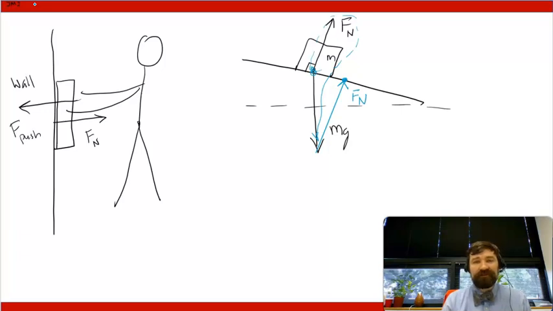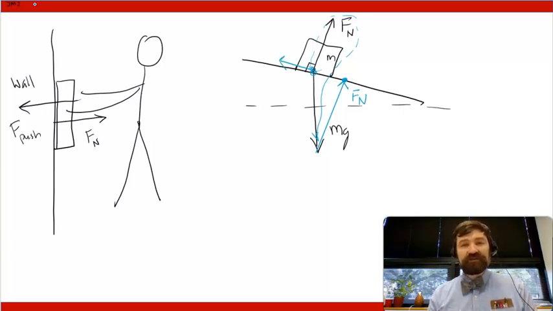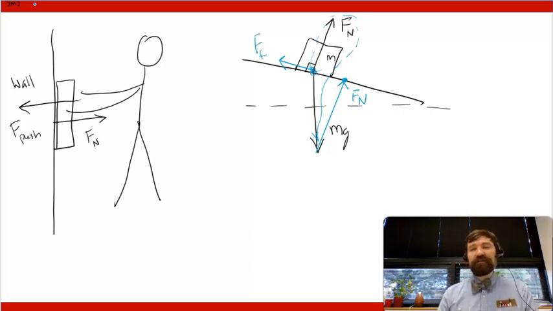Now typically on an actual surface you might also have another force, friction, present, which maybe is in this direction. So we would have friction right here, and if you added that to these, it may be that you have a total force of 0. But the point here is that my normal force has to be perpendicular to the surface, and so if I rotate the surface, I will change the direction of the normal force, and I may also change, as it turns out, its magnitude.